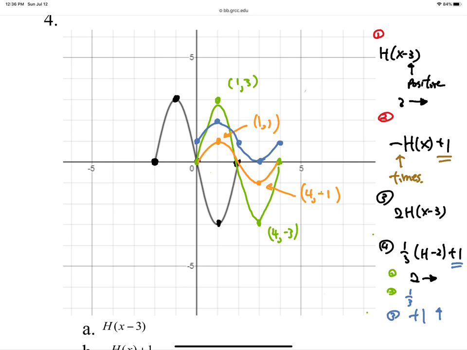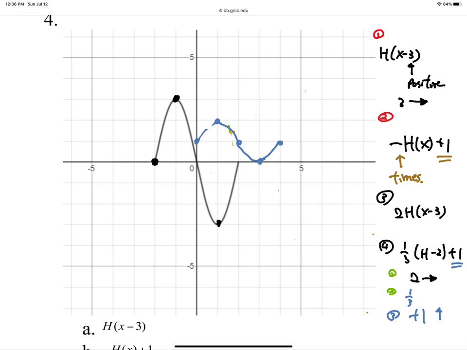And that's our graph. So our new graph, final graph, looks like this. And there you go.